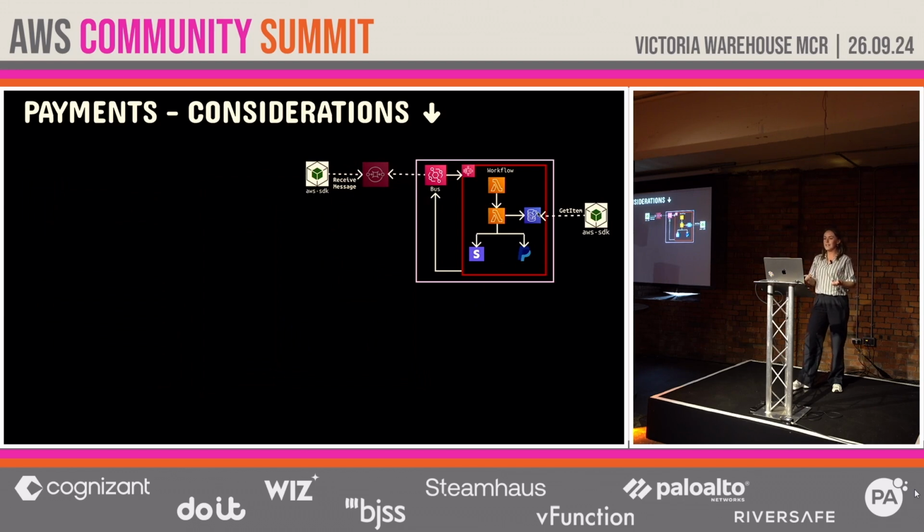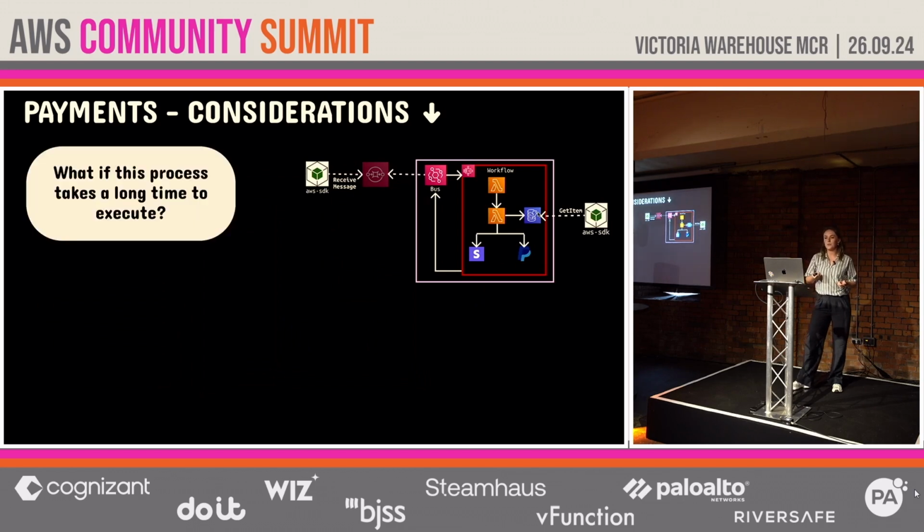But what are the considerations? What if the process takes a long time to execute? In the example we gave at the beginning, it's probably going to be quite a short step function, because the customer is going to be waiting on some sort of response if the payment succeeded. But let's pretend that we're in a world where this step function is going to take, I don't know, 30 minutes, because it's a different scenario.